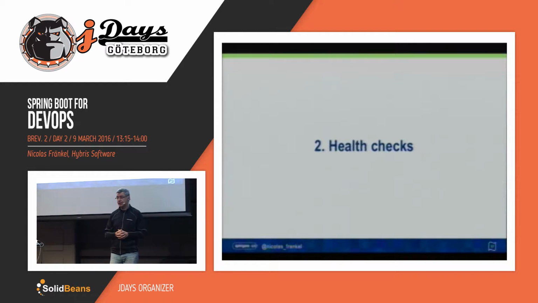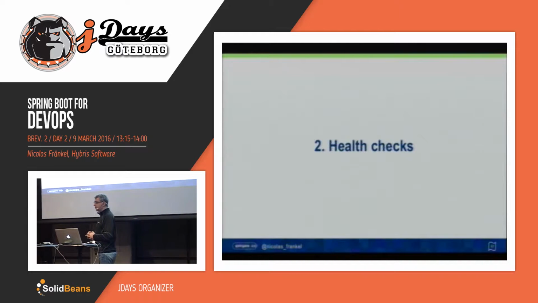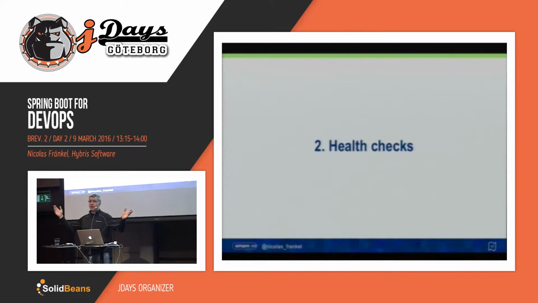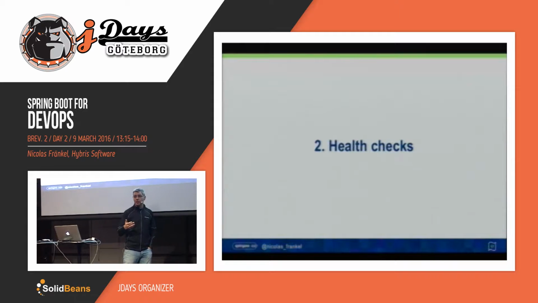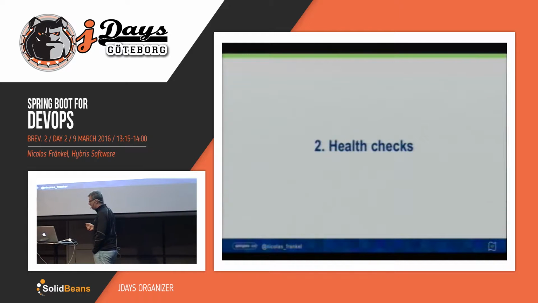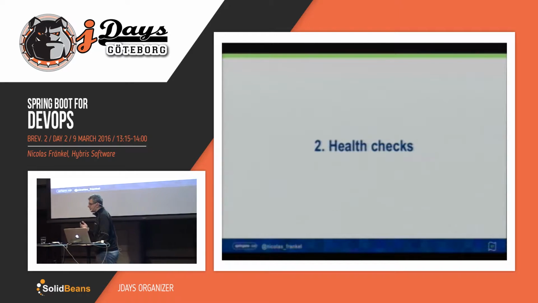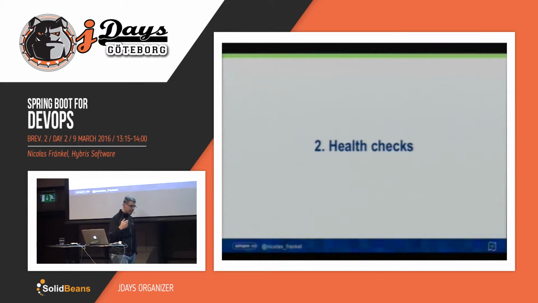Now, health checks. Health checks are very important because your application doesn't live in space. It has dependencies. It probably has dependencies on the file system, because if the file system is full, your application might break because of logging and stuff like that. You probably have a dependency on the database. You might have dependencies on web services and stuff like that.